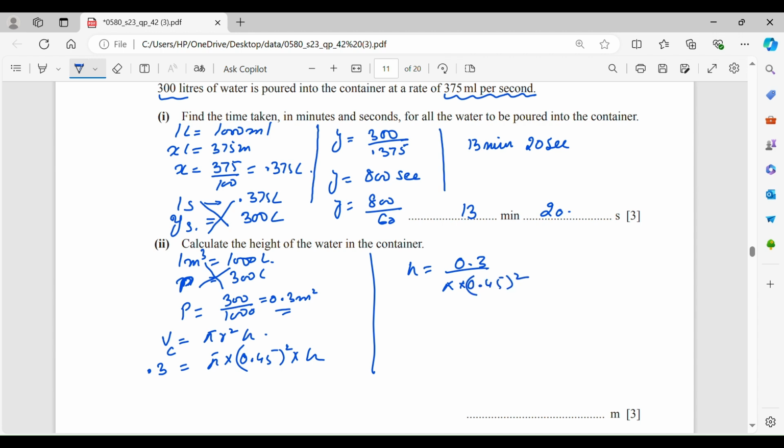We will use the calculator here, and h will be approximately equal to 0.471570, like that. So then h will be equal to 0.472 meter. Right, this will be our answer. 0.472 meter.